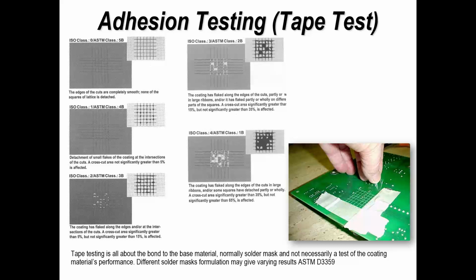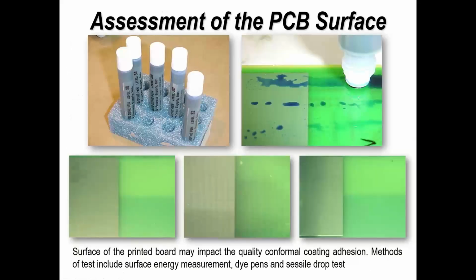You need to know, and you need to check the adhesion characteristics with the chosen conformal coating you're going to be using. Finally, what is the impact of no clean? Is a board with a lot of residue going to have the same sort of adhesive characteristics? Probably not. So again, you've got to weigh up whether the performance of your materials is going to be affected by other parts of your process.